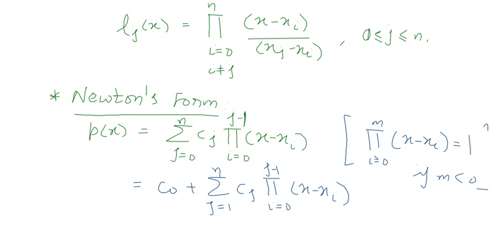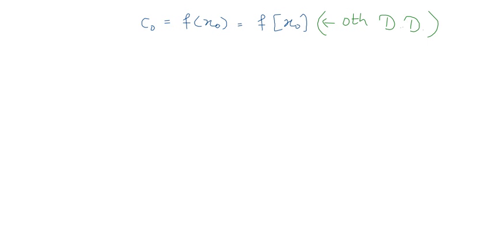Let's recall that c0 was f of x0, which we have denoted by f with box brackets, and which is called the zeroth divided difference, in short d.d. Now the next, c1, if you recall from the previous lecture, was f of x1 minus f of x0 divided by x1 minus x0.